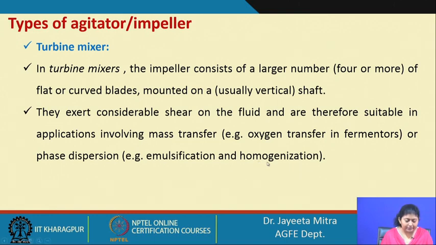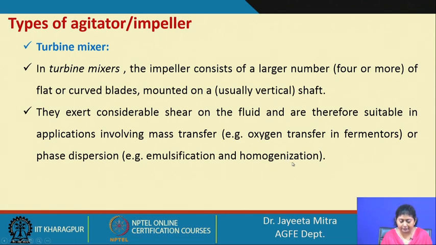In homogenization we also have another application along with the dispersion of the fat globules into the other liquid, that is the liquid milk. With mixing it reduces the size of the particles as well.